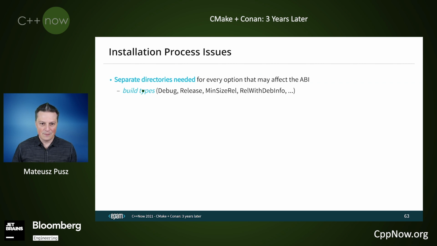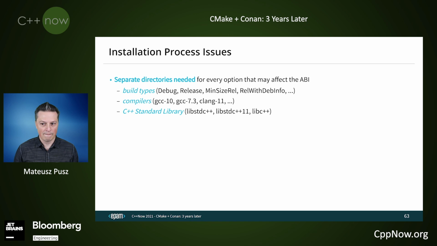And things that may provide different API are build types, compilers. If you run your project on different compilers, and I do, you have to specify different directories for each compiler separately. C++ standard library version also provides different API. Even C++ standard version can provide different API.